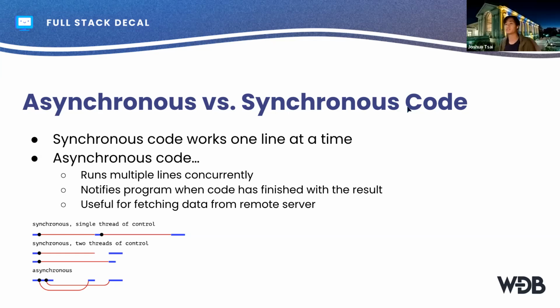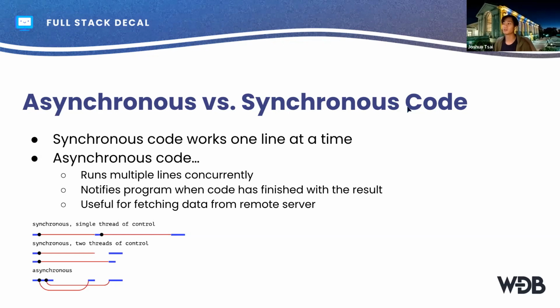And so this is where asynchronous code comes in. It can run multiple lines concurrently, and it also will notify the program when code has finished with the result, so that if it starts another line after or before a previous line has finished running, the program will still know what the value of the previous line is, even though you have essentially skipped over it.